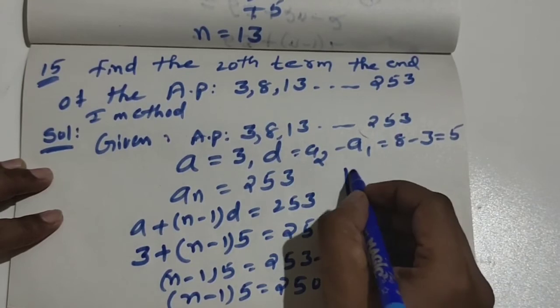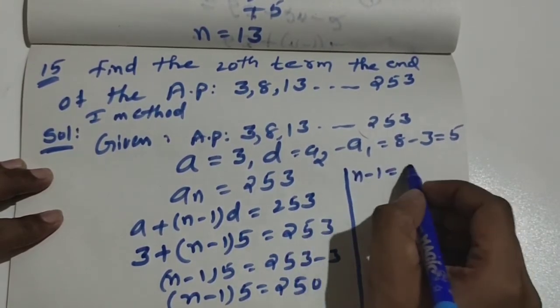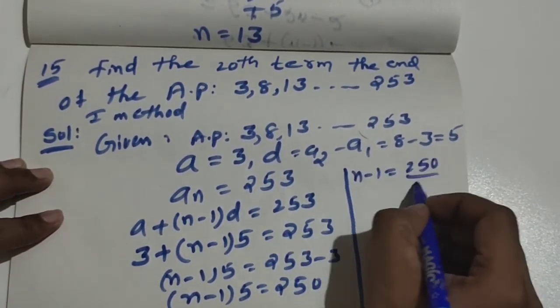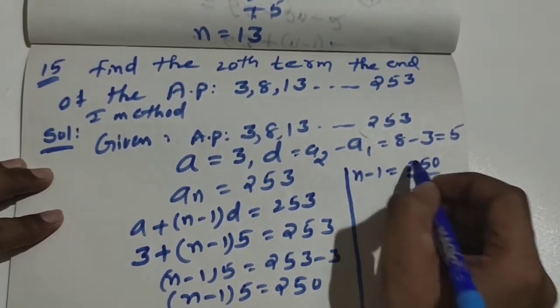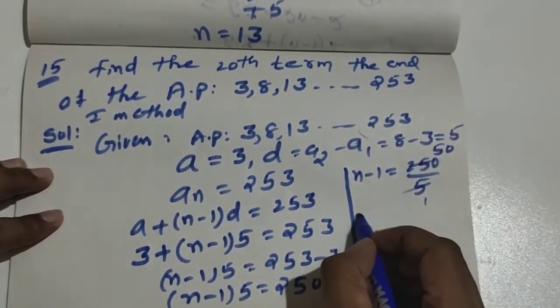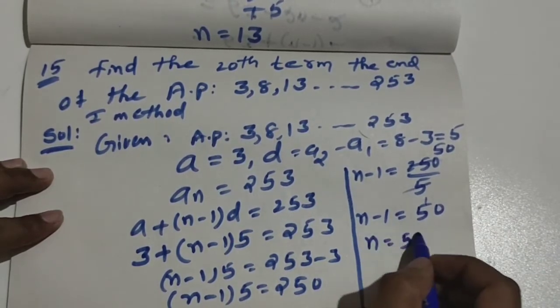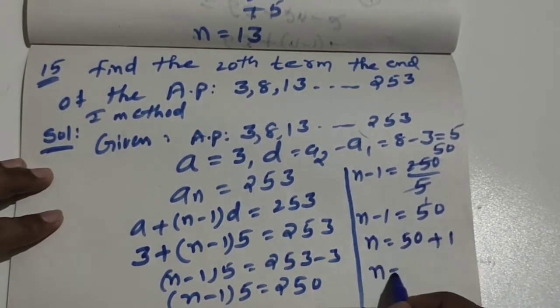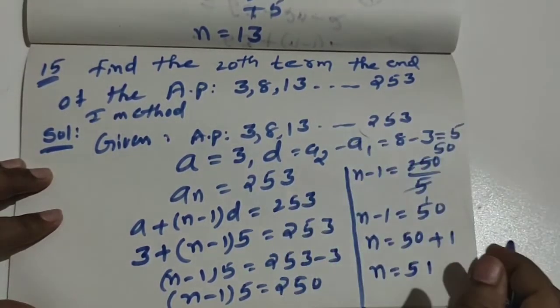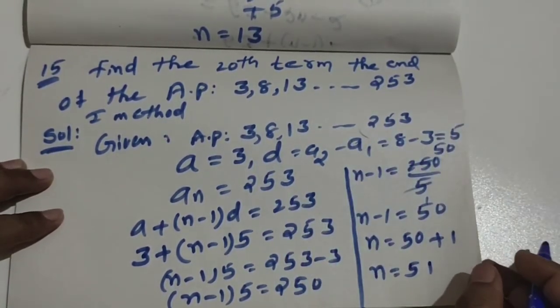Then n minus 1 is equal to 250 by 5, by cancellation simply 50. So n minus 1 is equal to 50, n is equal to 50 plus 1, n is equal to 51. That means we have 51 terms in this series.